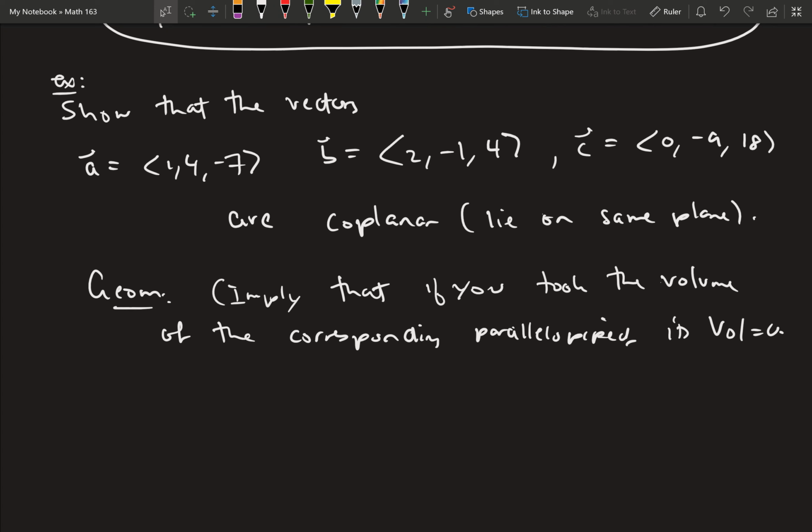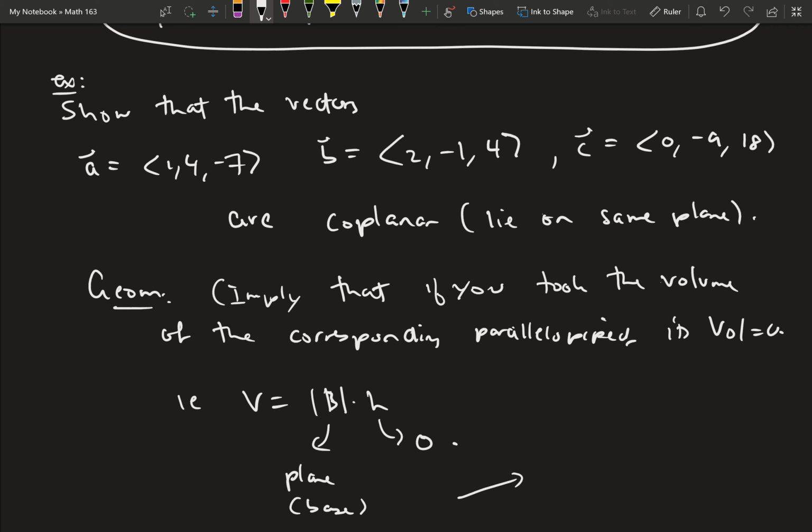It would only have width. So you would have an area of a base, but then the height would be 0 because the third vector would not go outside of the plane. So this is the plane, which is the base, right?